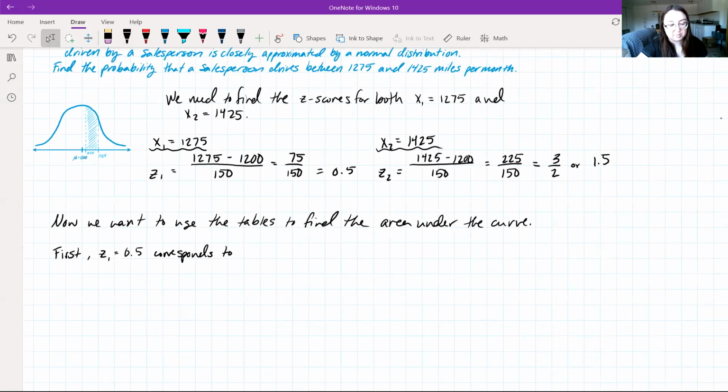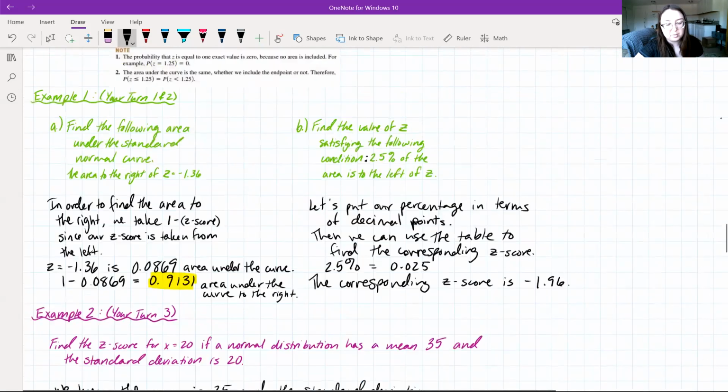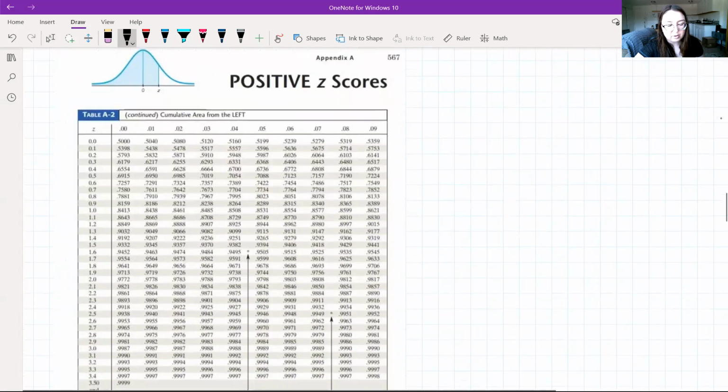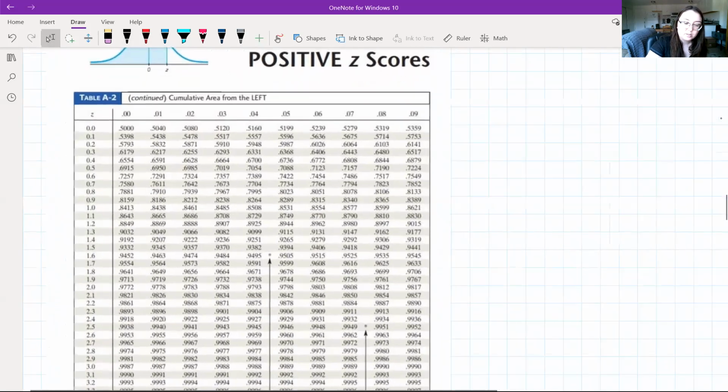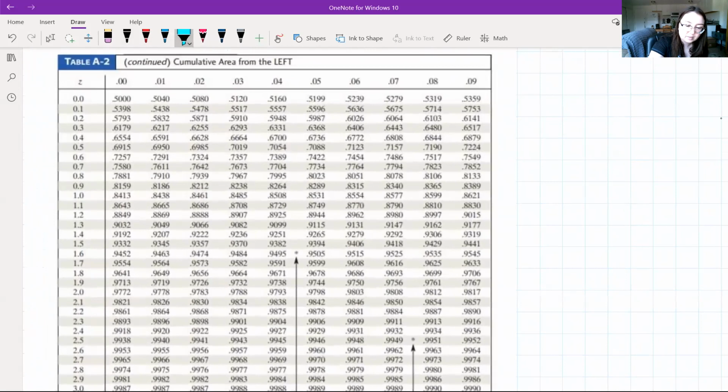Now we need to go to our table, to our positive z-scores. 0.5 is positive, and we want to find 0.50.